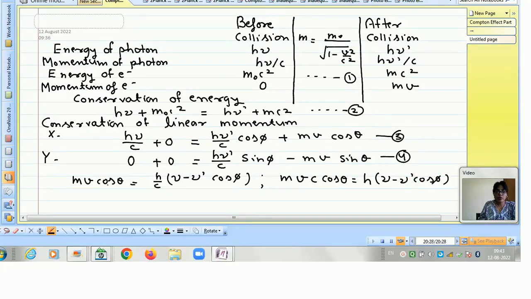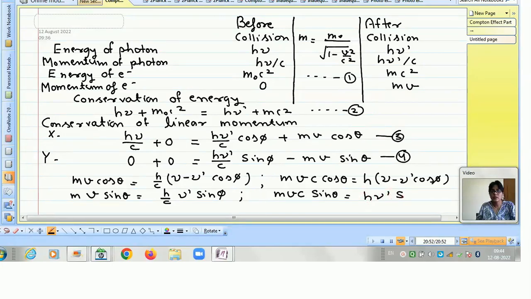In the other equation, mv sin theta is equal to h by c nu dash sin phi, or on the same basis mvc sin theta is equal to h nu dash sin phi. Let us term these equation number 5 and equation number 6.